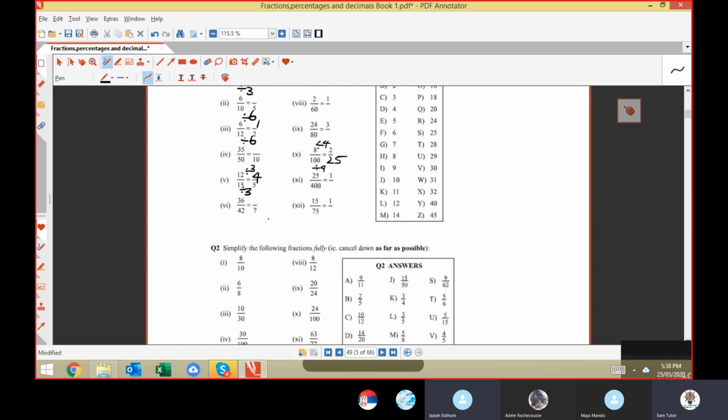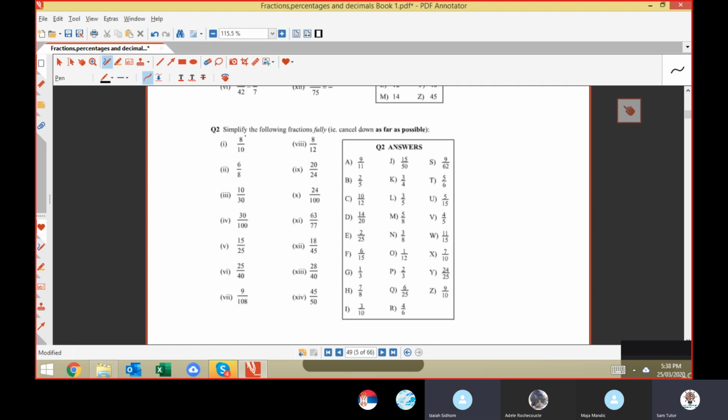So you see how here I've always given you a number to start with. I've given you a 3 here to start with. What if I just say simplify the following fractions fully, which means cancel down as far as possible? That means now you have to work out what factor I can divide them both by.